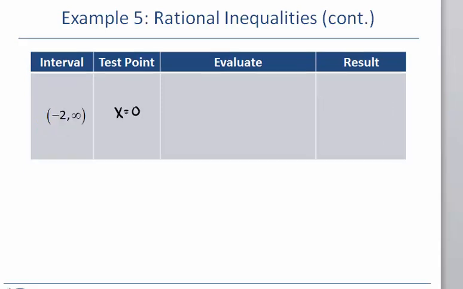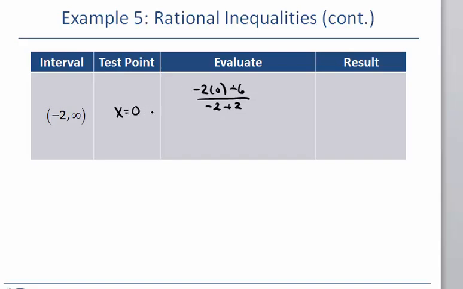All right, and then we'll do the last one. So we'll plug in 0. So we're going to have negative 2 times 0 minus 6 over 0 plus 2. Okay, and I'm plugging in a 0.